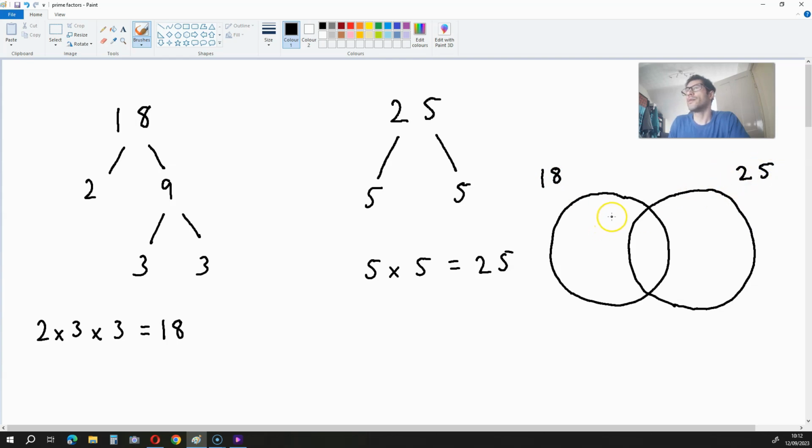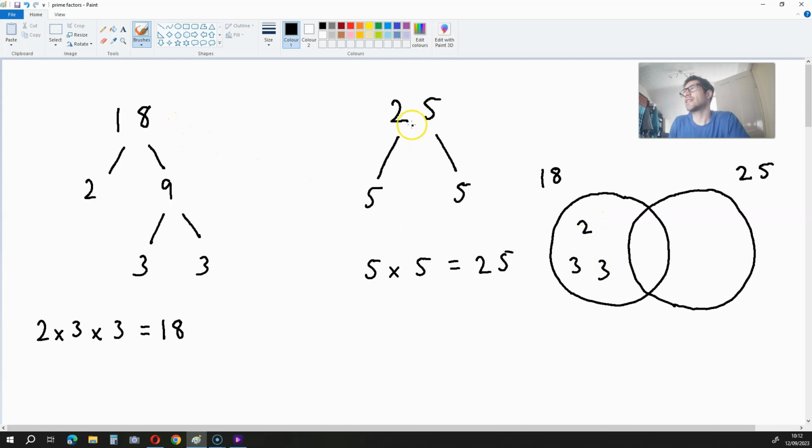Now what we do is pop the numbers, for instance 2, 3, and 3 into the 18 circle, okay, because these are the prime factors of 18.